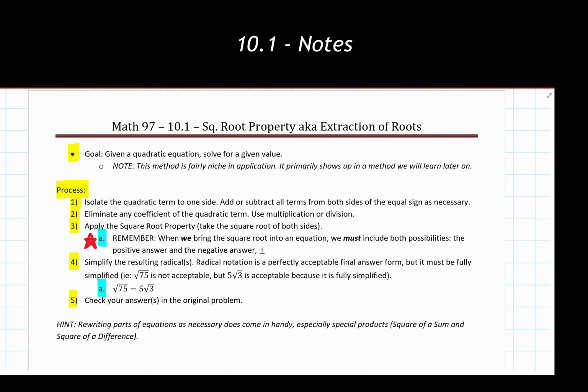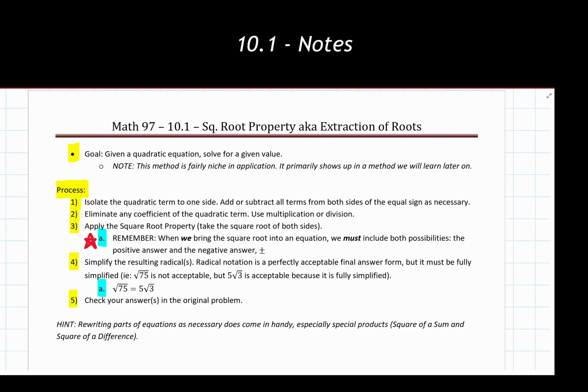So after we've done this, we then simplify the resulting radical or radicals that can sometimes show up with this. Now, radical notation is perfectly acceptable for most of your answers, but make sure you're double checking with your instructor and or with what the problem states is okay to use for your final answer.